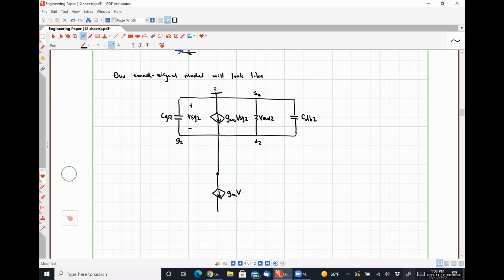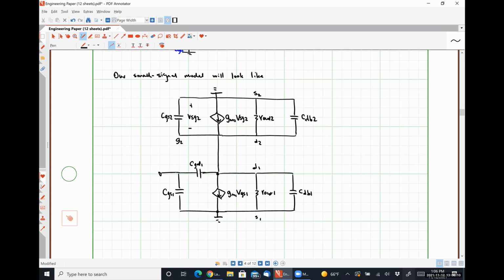GM1, VGS1, R out 1, CDB1, CGD1, CGS1, D1, this one, ground, and VGS1.